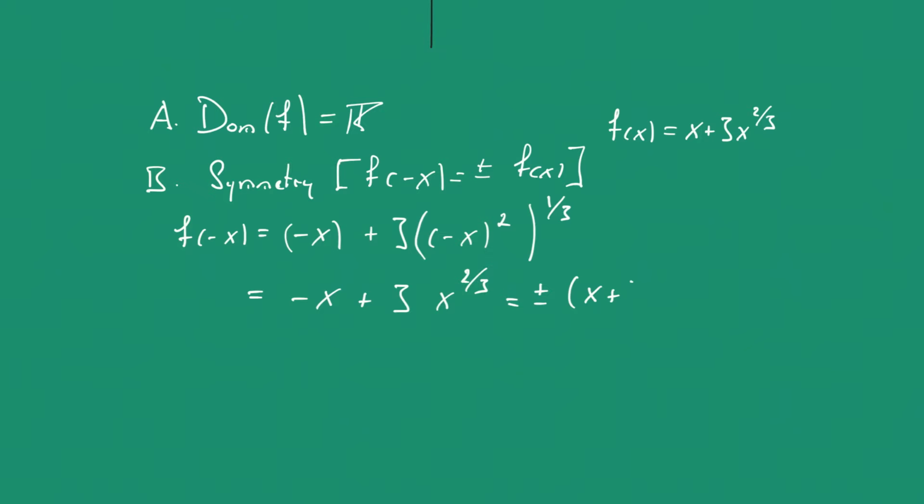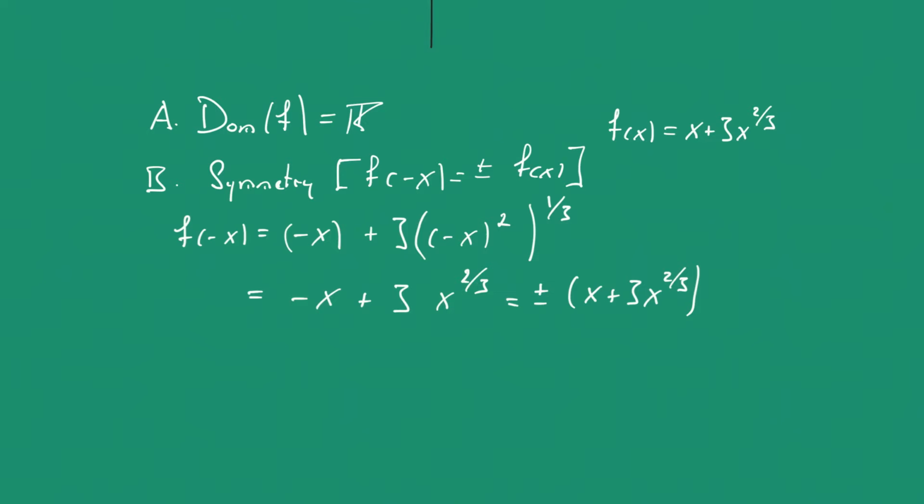And notice that that doesn't equal either plus or minus x plus 3x^(2/3), because, well, if we had a plus here, we would just have, of course, x plus 3x^(2/3). That's not what we have. And if we had a minus here, we'd have -x minus 3x^(2/3). We have -x, but not -3. Plus 3 is what we have.